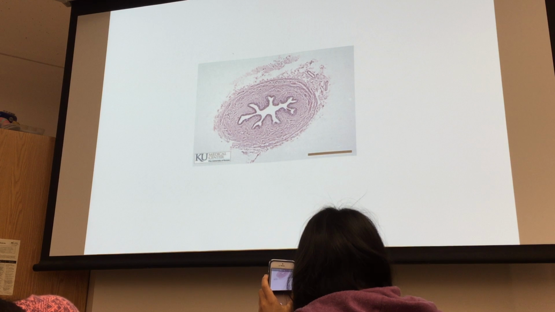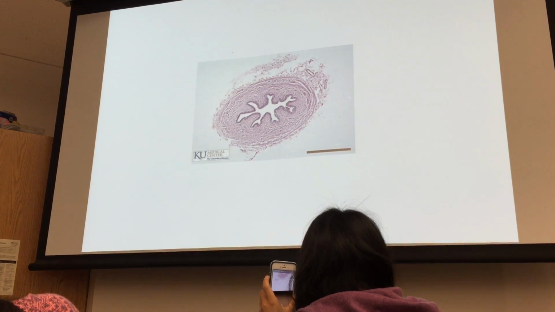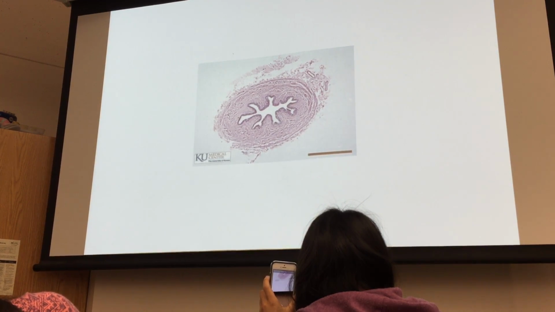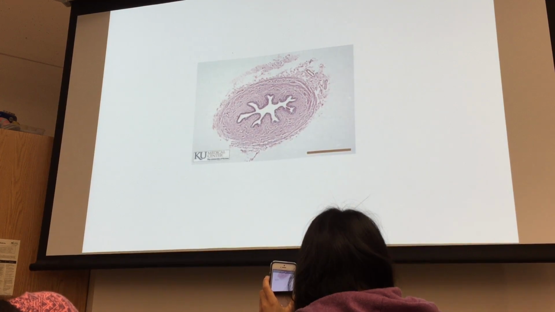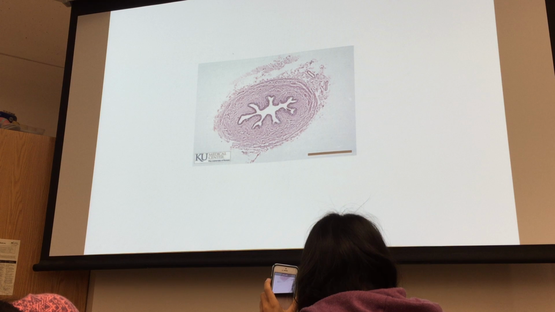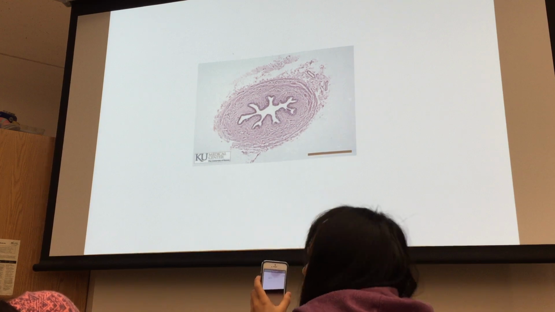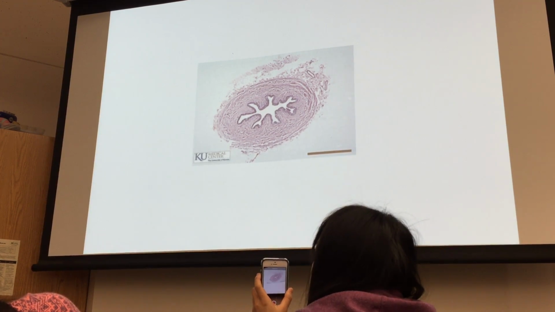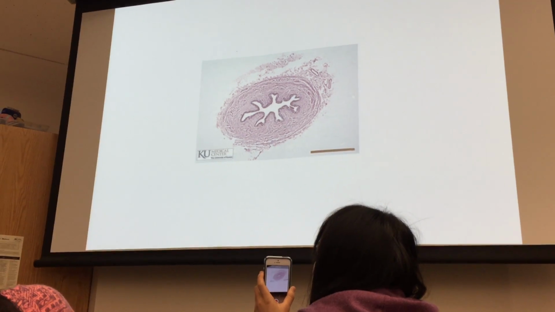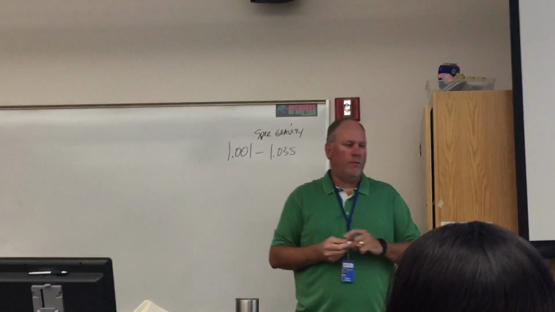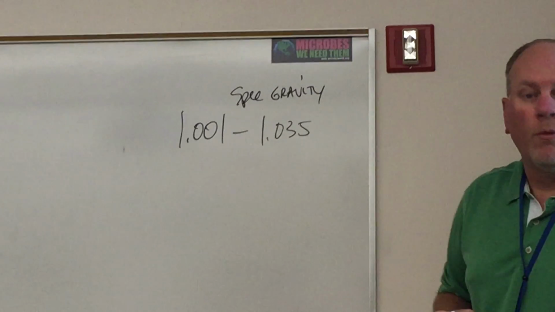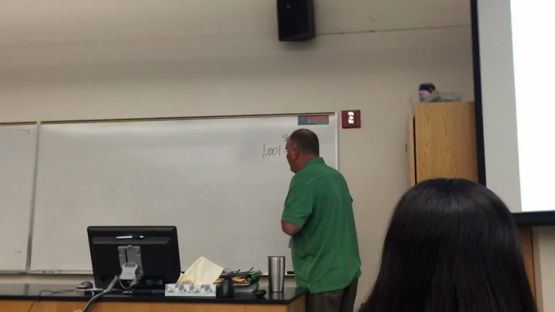Normal pH for urine? 5 to 8. Specific gravity for this exam, I put in a big range, taking everybody in the world, normal specific gravity. 1.001 to 1.035 is a normal range for specific gravity.